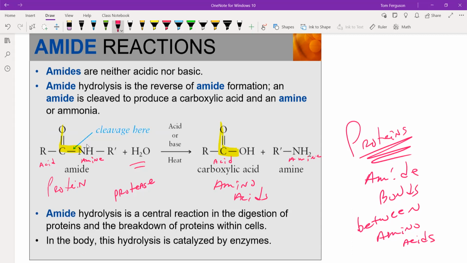So proteases catalyze the hydrolysis of amides. And that requires a low pH, usually around 2, which is what your stomach acid is.